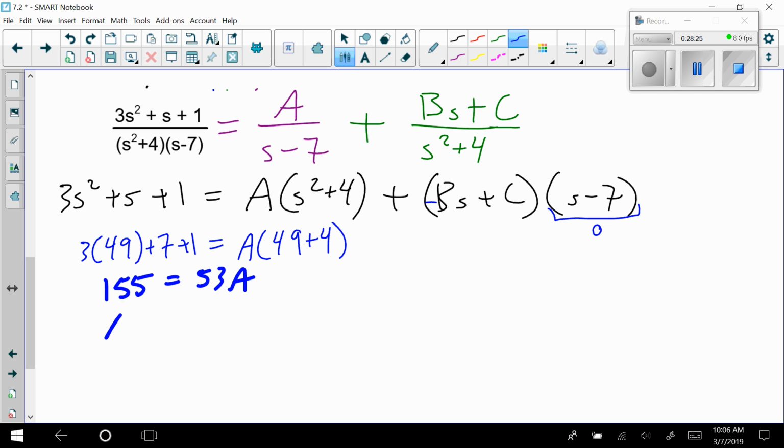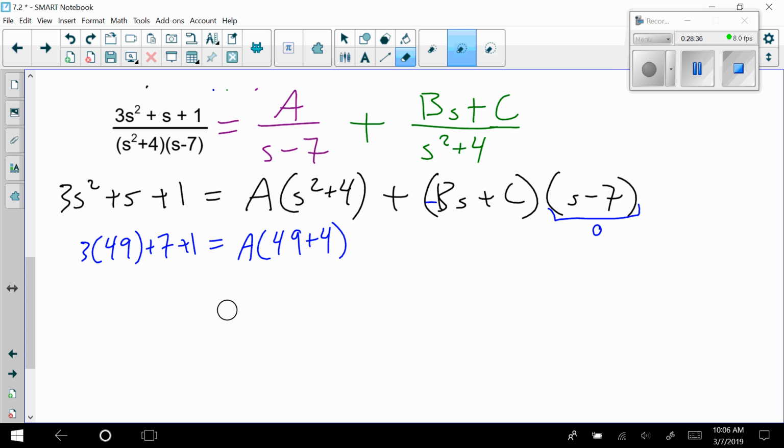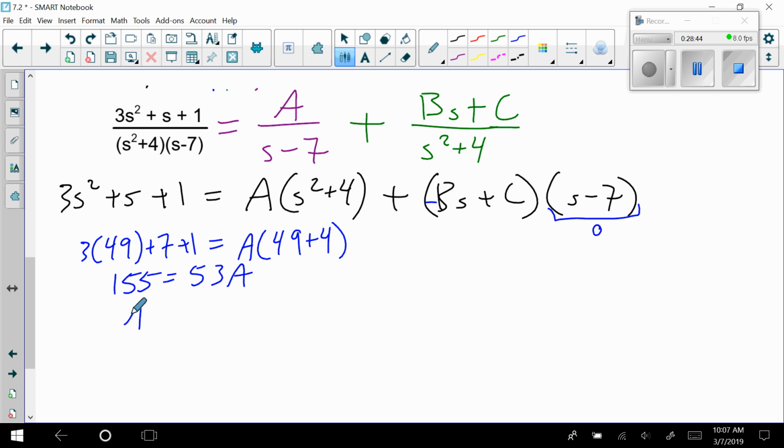Well, then that means that A is equal to 53 over 155. Oh, I'm sorry, I wrote that backwards. Sorry. Don't be mad at me. Okay, let me get rid of these thick blue lines anyway. We have 155 equals 53A, so A is equal to 155 over 53. Okay, that seemed super simple, right? That was pretty simple, and all because we used our logic to get rid of B and C here.